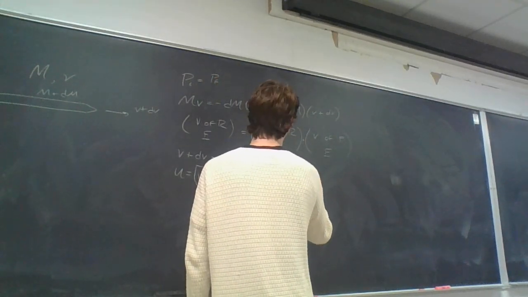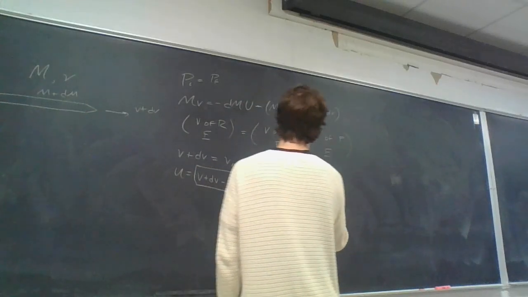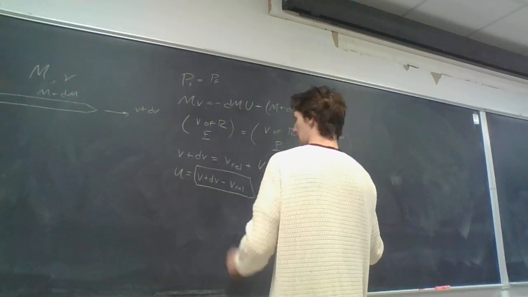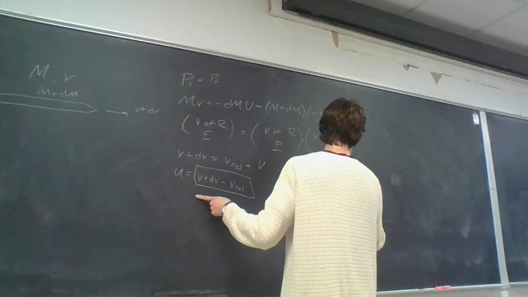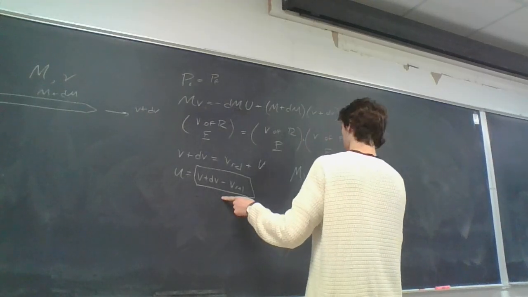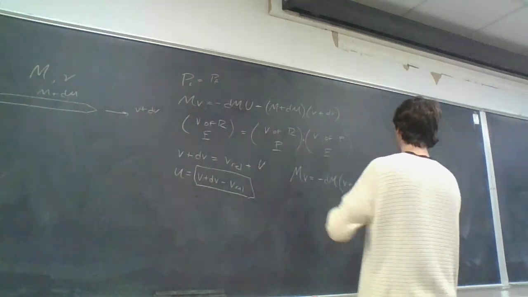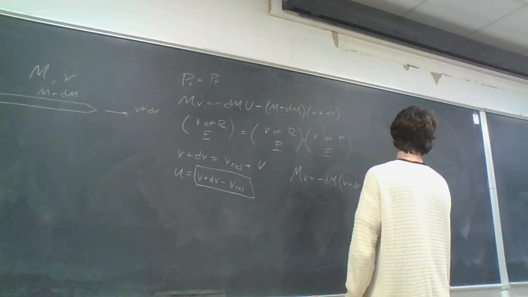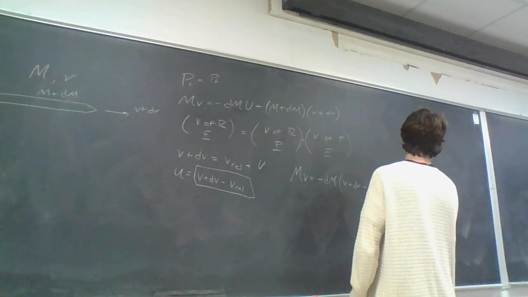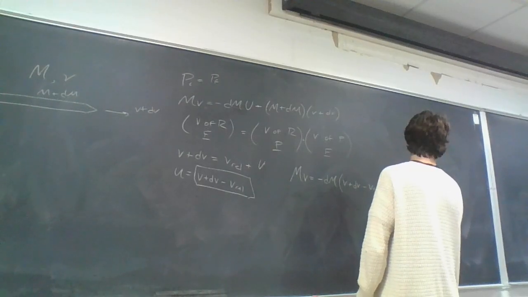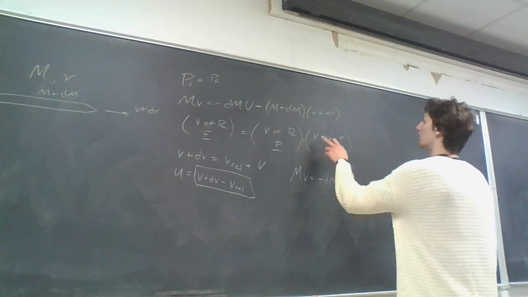So we'll have Mv is equal to minus dm times v plus dv minus v relative, plus M plus dm times v plus dv.